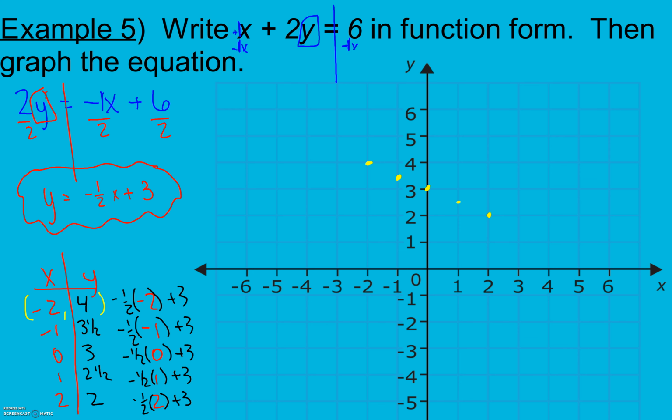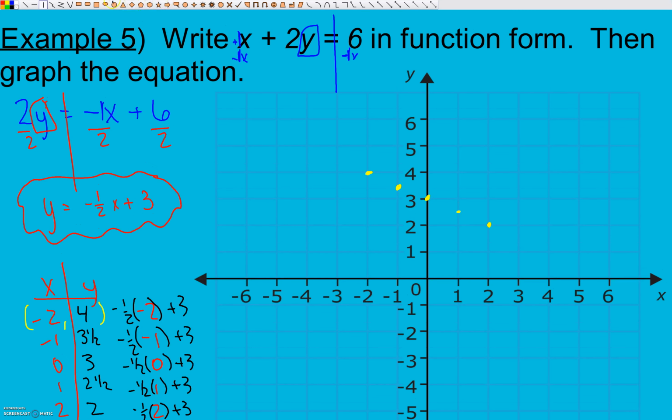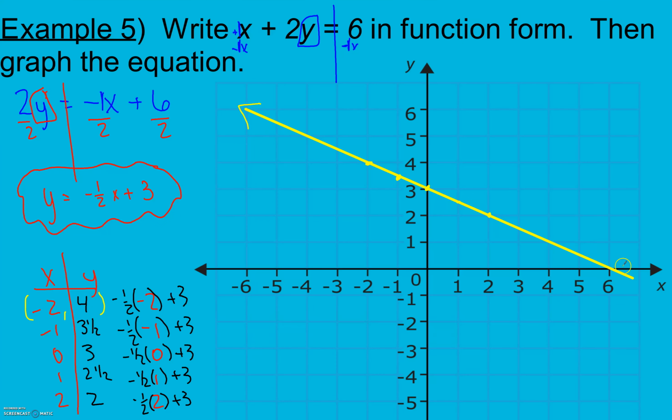We're going to connect these with a straight edge, and put on arrows to show that it continues. So when in doubt, guys, we're going to use the table of values to graph.